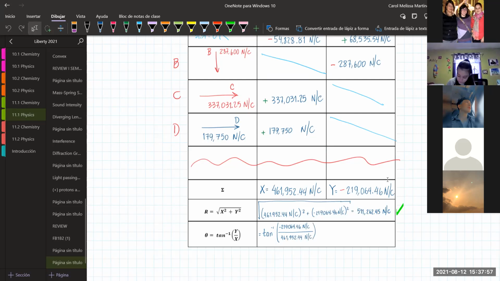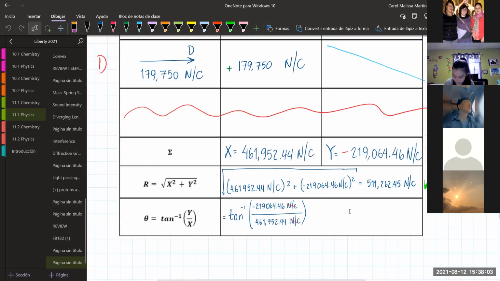We can cancel the newtons per coulomb. How much did you get? Negative 25.37.